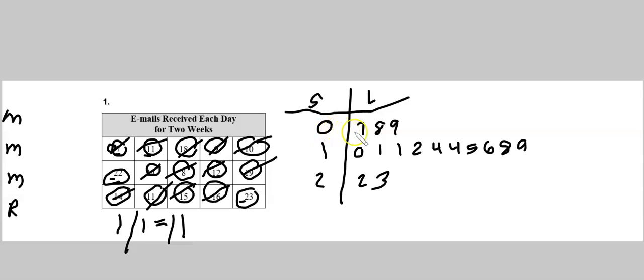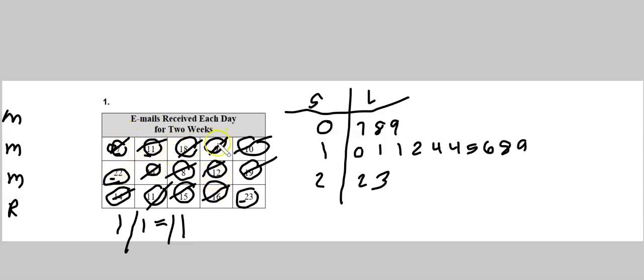So this is 7, 8, 9, 10, 11, 11, 12, 14, 14, 15, 16, 18, 19, 22, 23. I'm going to make sure I have the same amount of leaves as I do pieces of data in my data set.